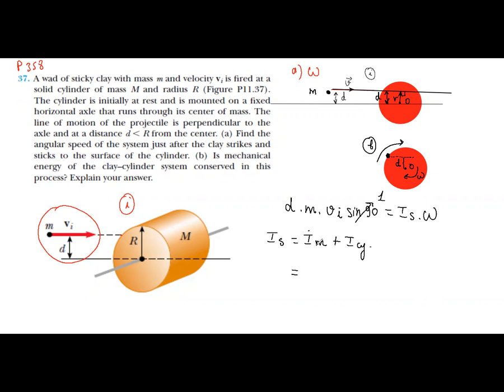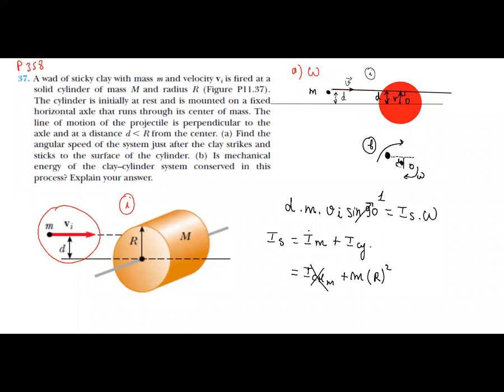I of the mass m is equal to ICM of the mass m, which is equal to 0, because the axis is not passing through the small element m, plus m times the distance squared between the axis and the center of mass of small m, which is equal to capital R squared.